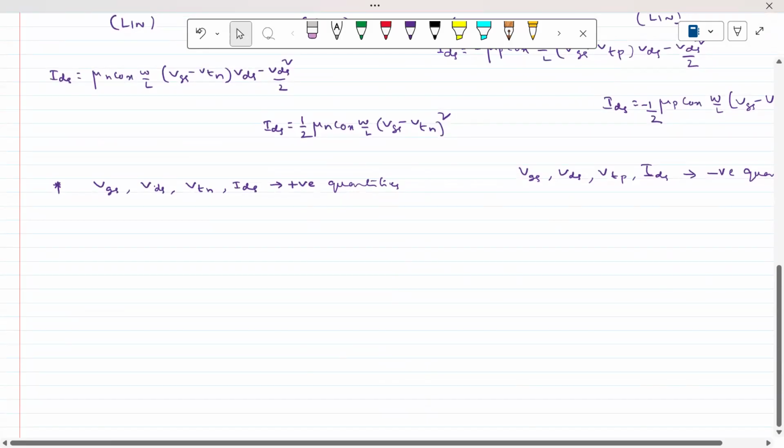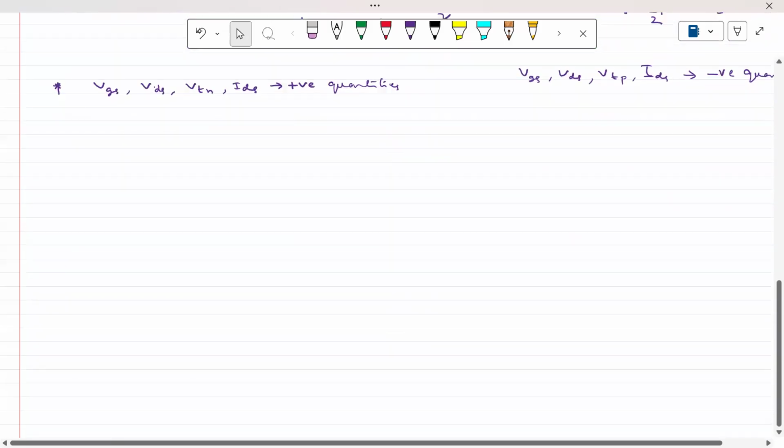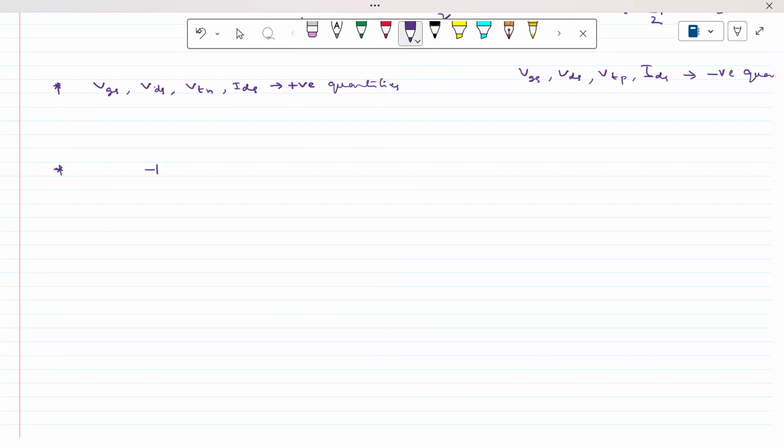Now, do one thing. For example, if this is your MOSFET, assuming this is your NMOSFET, and this is the drain, this is the source, this is the gate. What is the condition on the gate potential and source potential so that the NMOS transistor is on?